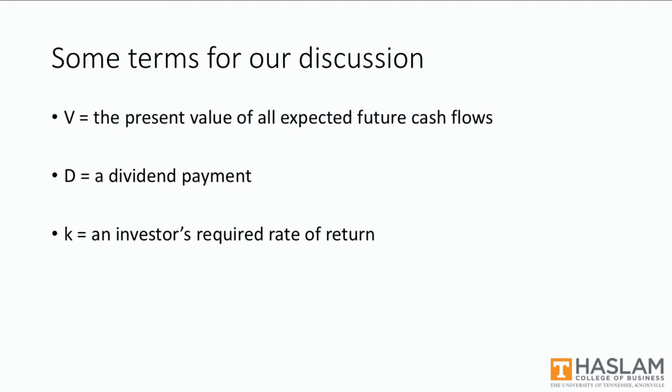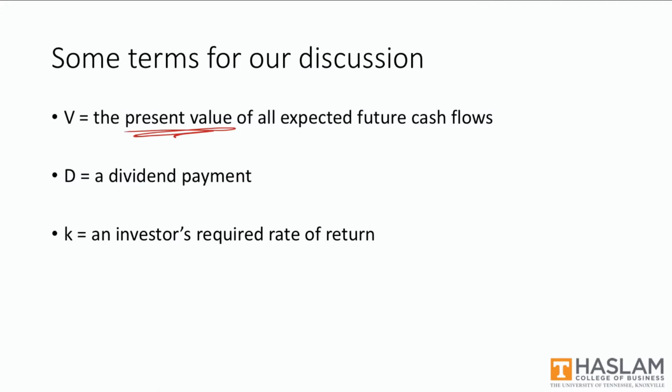Now, before we proceed, I'd like to offer a few terms that need to be defined. In the formulas that you see going forward, you'll see a V, you'll see some D's, and you'll see some K's. The V term is a present value, or the intrinsic value that we've already talked about.